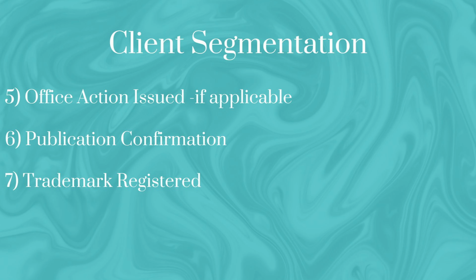Depending on whether there is an intent to use application, number 7 would be letting them know that the statement of use has been issued and then contacting them to make sure we get the specimen from them to upload into the system. And then the final step would be the trademark registration. If this is not an intent to use application, we'd go right into updating the client once the trademark is registered. That pretty much covers all the checkpoints to notify the client and check in at really good intervals of time.